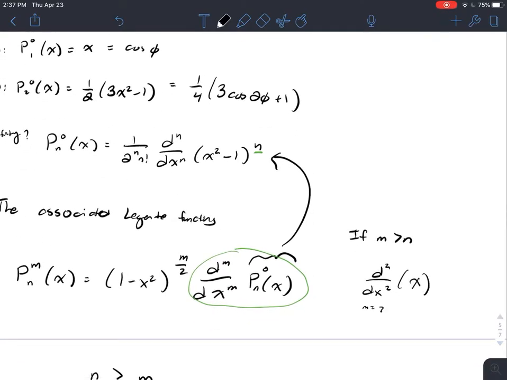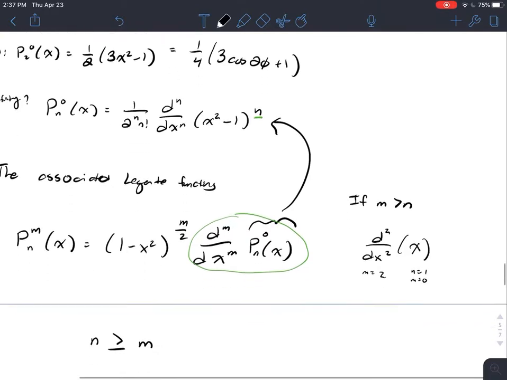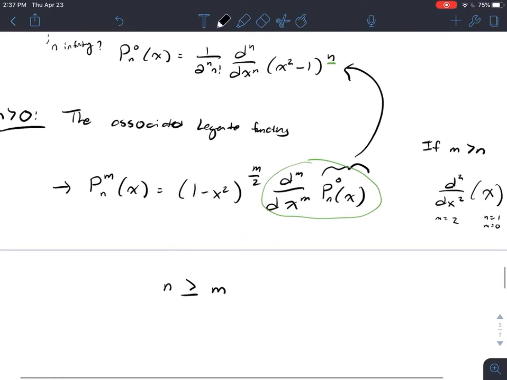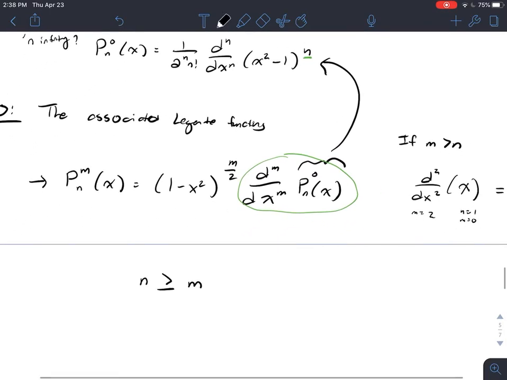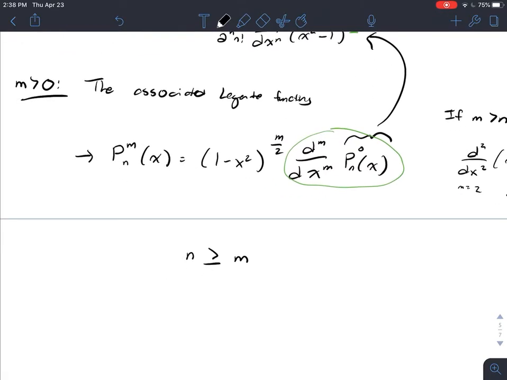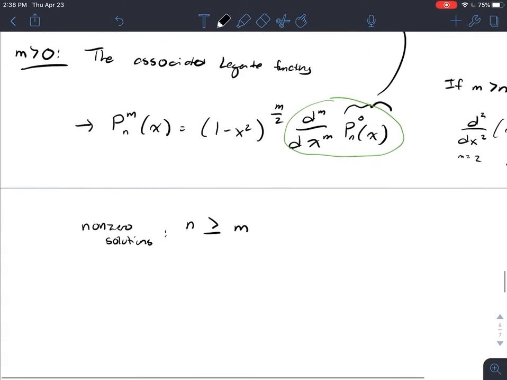So this is m equals 2, n equals 1, and this is Legendre polynomials, so it's going to be equal to 0. What we find out is that for the associated Legendre functions in which m is greater than n, those are all equal to 0. So in order to have non-zero solutions, we must force the condition that n is greater than or equal to m.